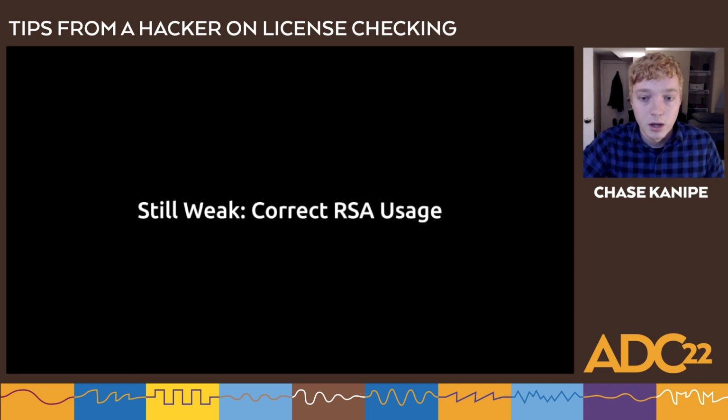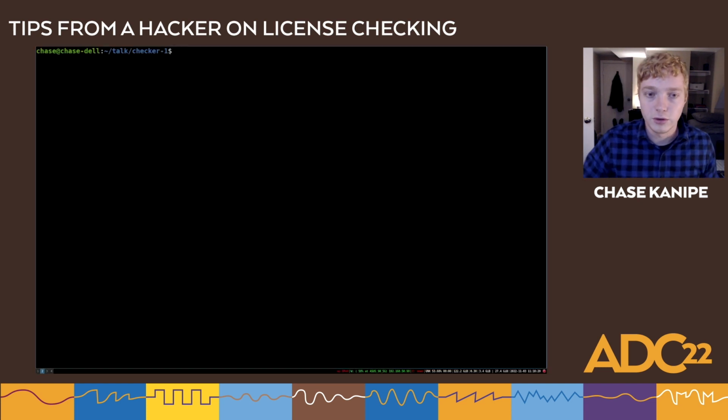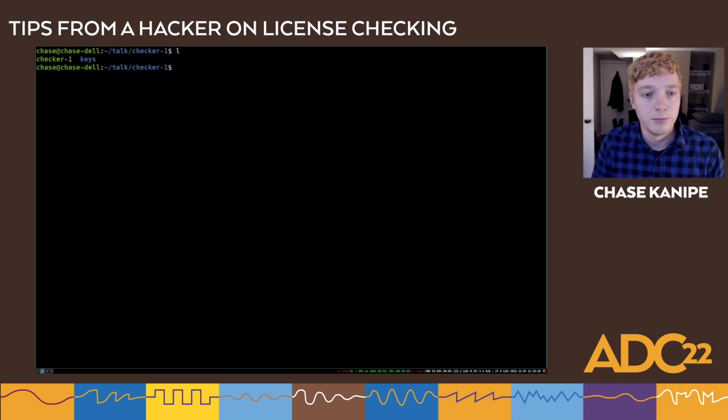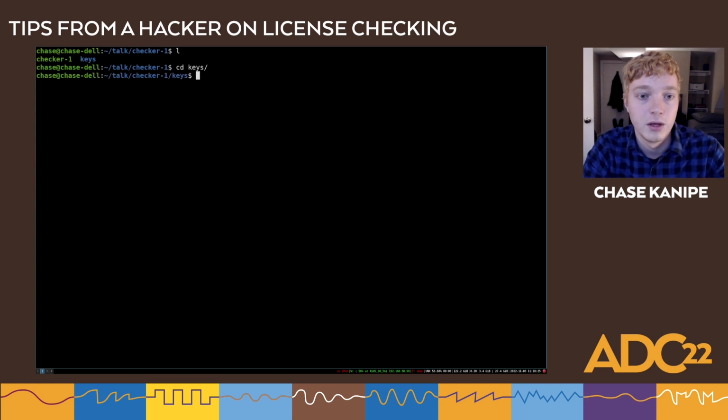Okay, so if I go back to my terminal, we'll take a look at how we might approach this scheme. In our checker1 folder, you can see we have a checker1 binary and then a folder that contains the keys, which in this case, there's a license.txt and then an encoded signature.